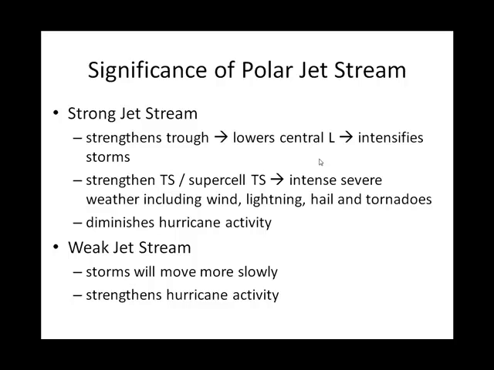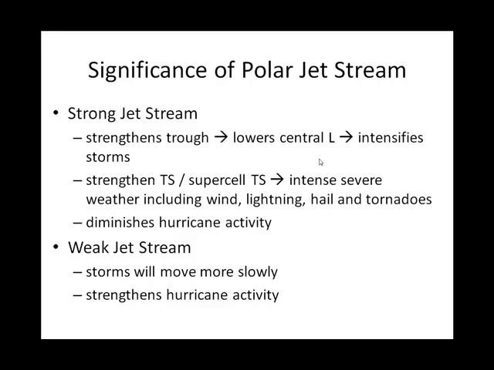Strong jet streams can also strengthen our thunderstorm cells because they provide for these tilted thunderstorm cells. I don't know if you remember the straight up and down versus a tilted thunderstorm cell. Strong winds aloft or a strong jet stream can tilt your cell so that it lasts longer and can be more severe.